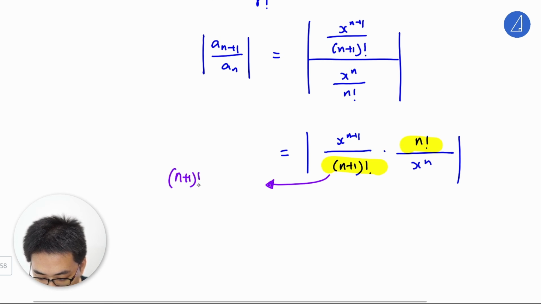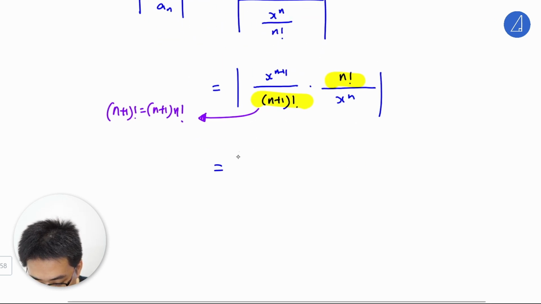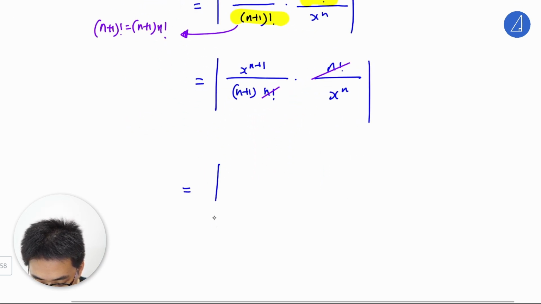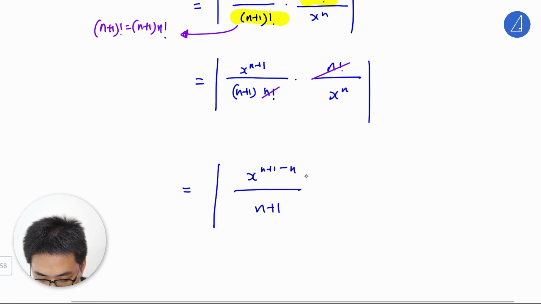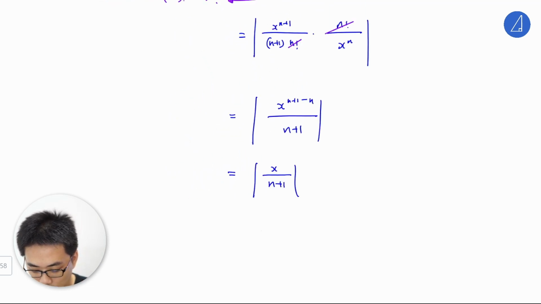So what you're going to do is x^(n+1) over, you just cancel all this. Then this will be modulus x over n plus 1. Okay, is it alright?